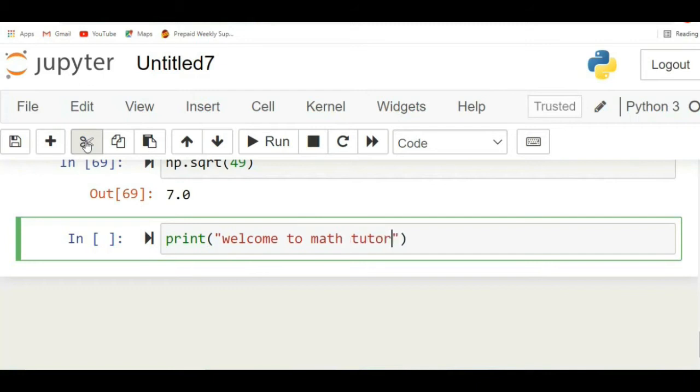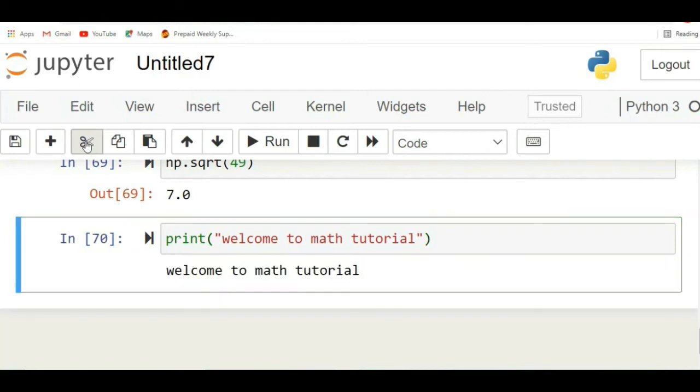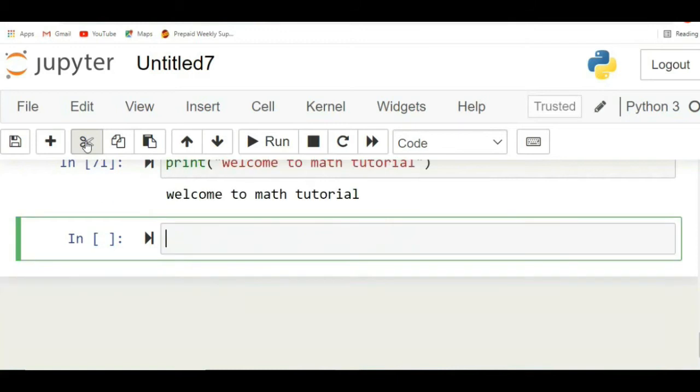Yes, welcome to math tutorial, and after control and enter, yes, welcome to math tutorial. Okay, so the code is print inside the parenthesis and double quotes, you shall write the statement.